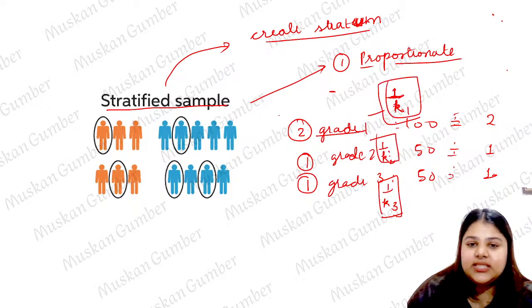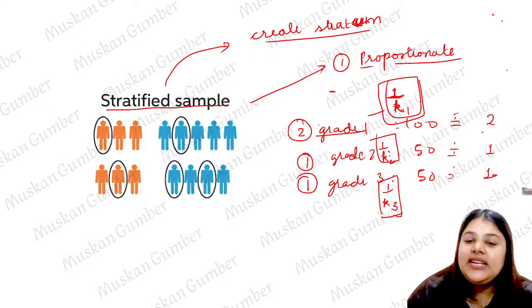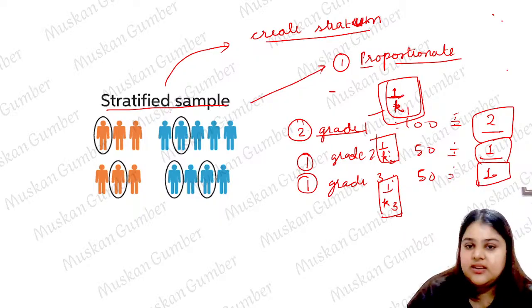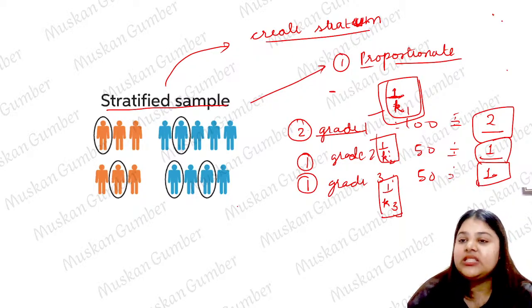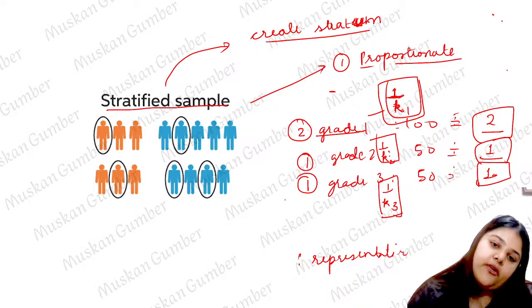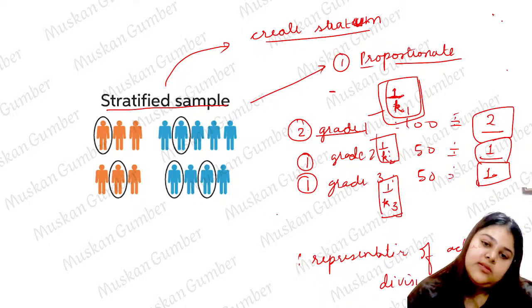This is proportionate sampling, but there is a limitation: there is a ratio, a quota that we have decided on the basis of the total population. So this will be representative of the actual division in the population.